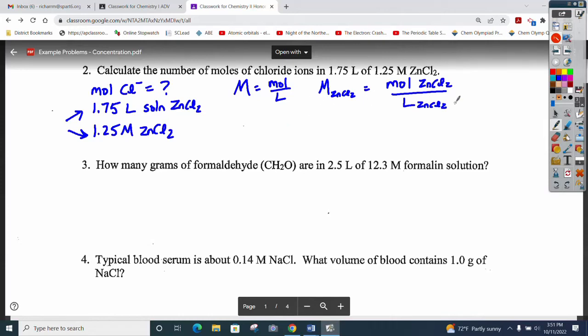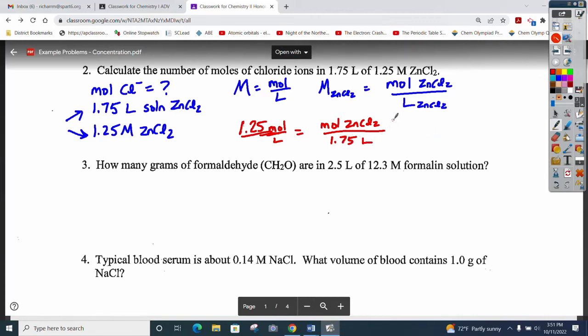Okay, so let's start by plugging and chugging. I'm plugging in the 1.25 as the molarity. Okay, 1.25 moles per liter, or capital M, however you want to write that, will be equal to moles of zinc chloride, which I don't know, that's what I'm solving for, over liters of the zinc chloride solution, so that's the 1.75 liters.